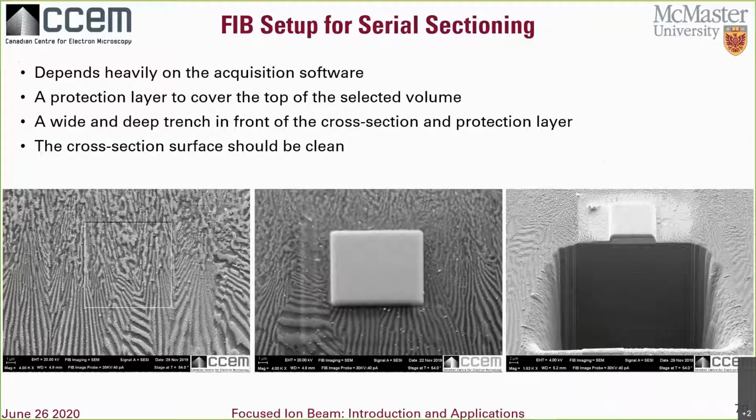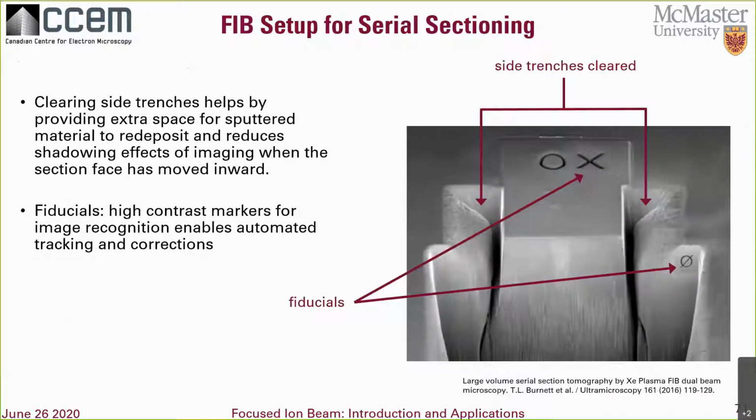You need the cross-section surface to be clean, but it doesn't have to be flawless, because you can expect to discard the first half hour or so of image slices since the run usually takes some time to stabilize. Hopefully the run reaches a condition where the drift is minimal and the automation functions are running smoothly. That's the bare minimum setup here, but there are other common steps to improve the performance.